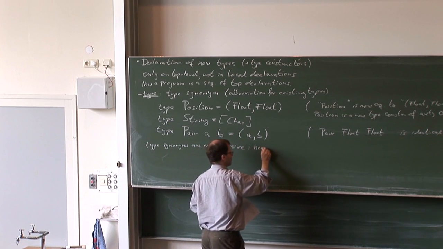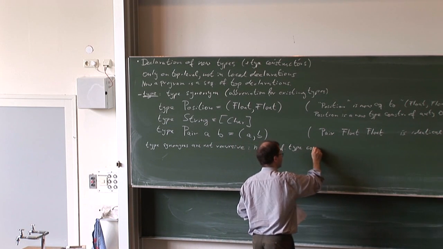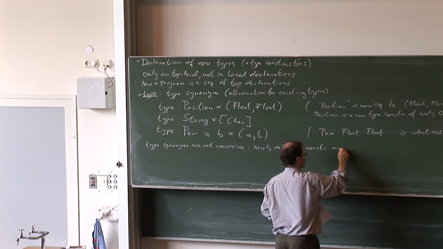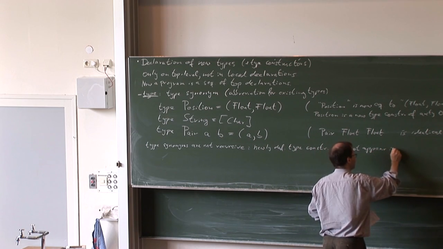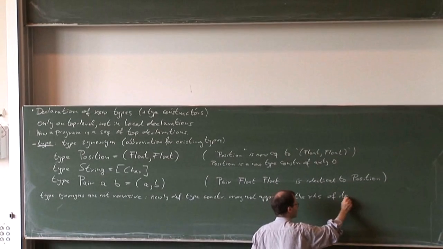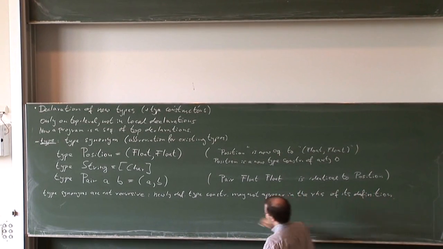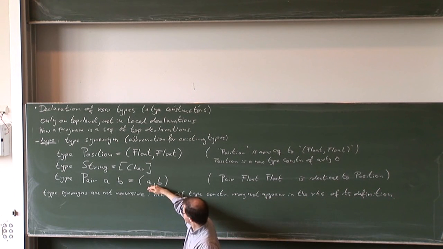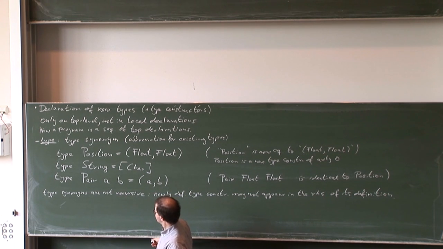The newly defined type constructor may not appear in the right-hand side of its definition. So here this is just an abbreviation, and this type that is on the right-hand side already existed before. So this does not use any of these newly introduced type synonyms.